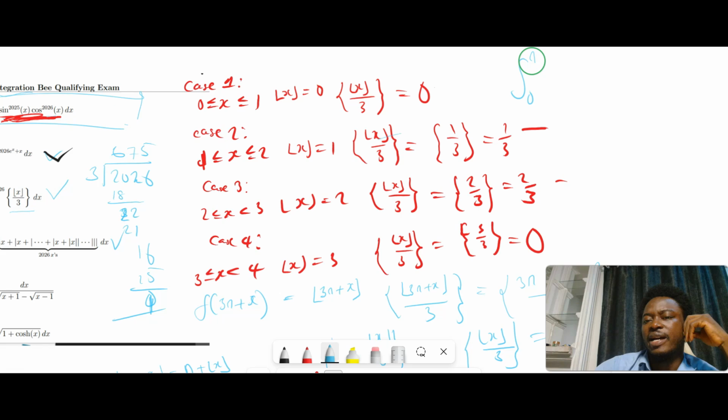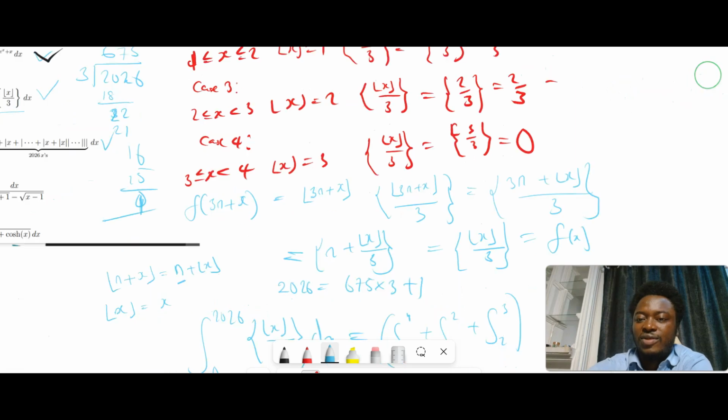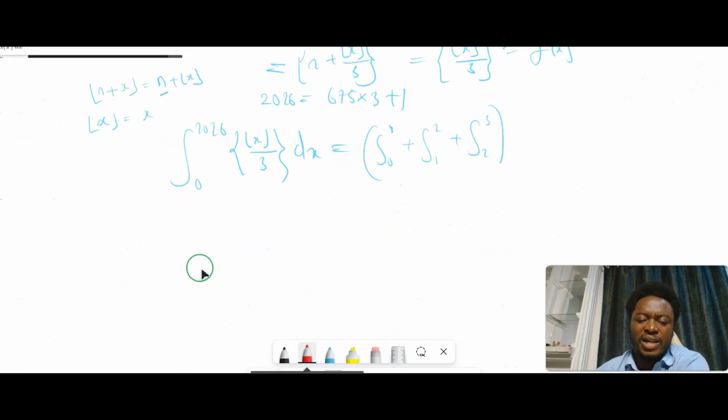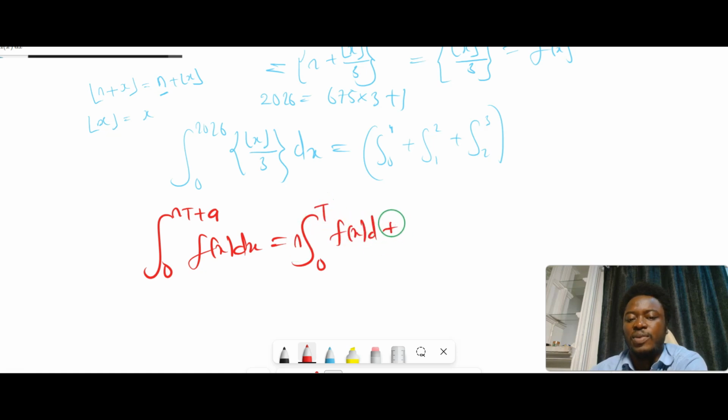The integral from 0 to nT plus a is equal to n times the integral from 0 to T of f of x dx, plus the integral from 0 to a of f of x dx as well. So we're going to remember that for a periodic function, where T is the period, this holds.